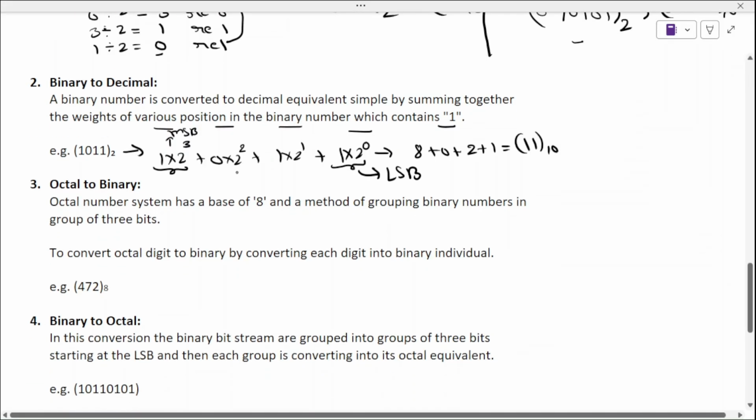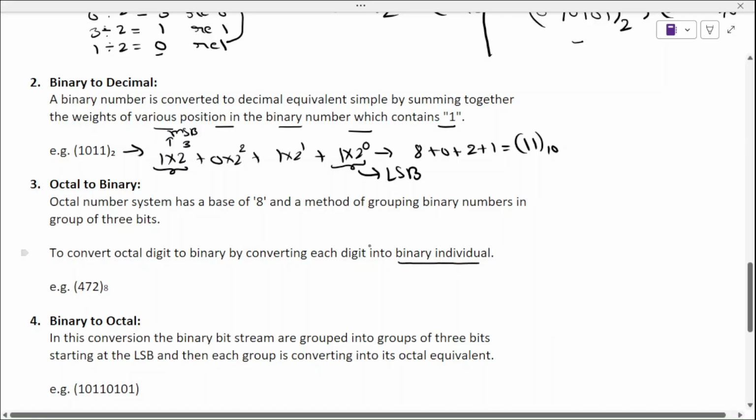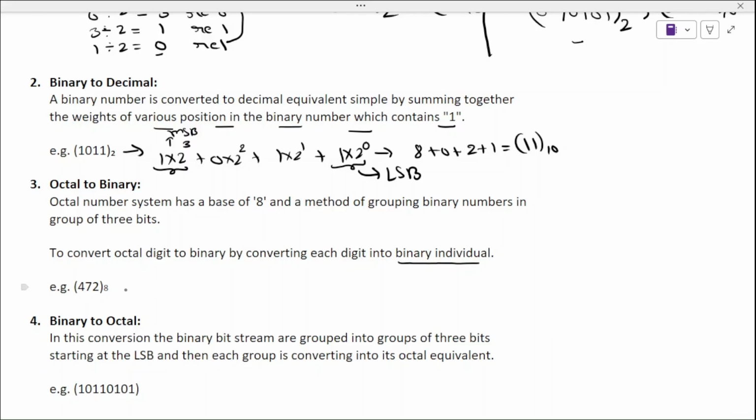Let's move further. The octal number system has a base of 8, and the method is grouping binary numbers in groups of 3 bits to convert to an octal digit, or converting octal to binary by converting each digit into binary individually. So we have to convert the octal number system to the binary number system. How will we convert this?